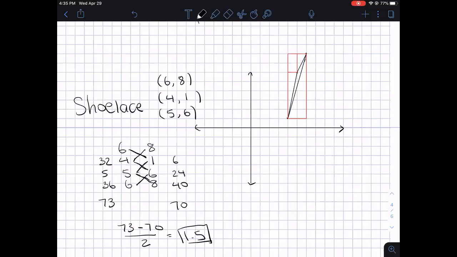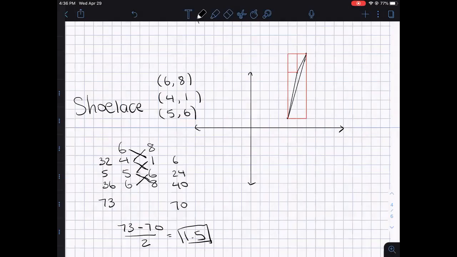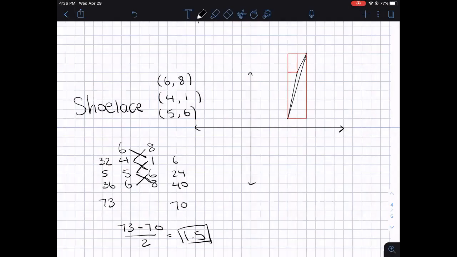And shoelace can be extended to quadrilaterals, pentagons, polygons with more sides. But the thing with that is you have to list them in either clockwise or counterclockwise order. And I think that's all we have to cover for this part.